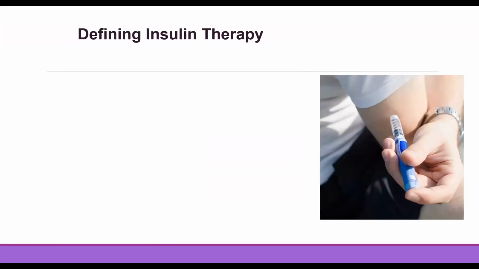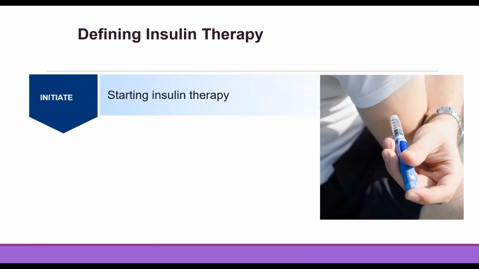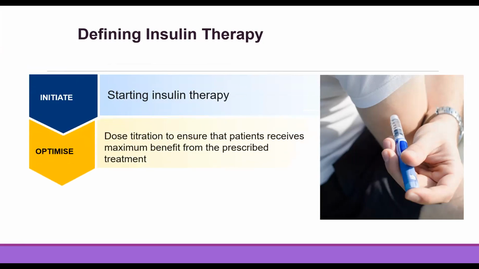Now, when we treat with insulin, the insulin therapy is basically of three different definitions. Number one, when we start the insulin therapy, we call it initiation. Second, when we titrate the dose of the insulin, we call it optimization.